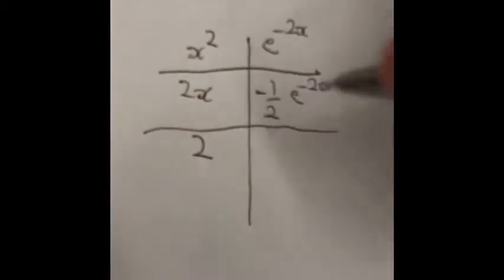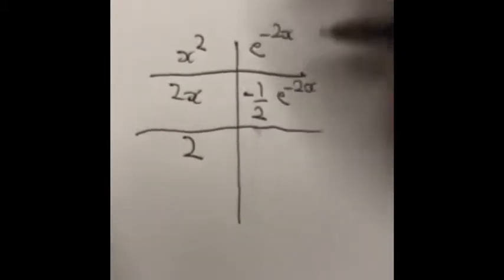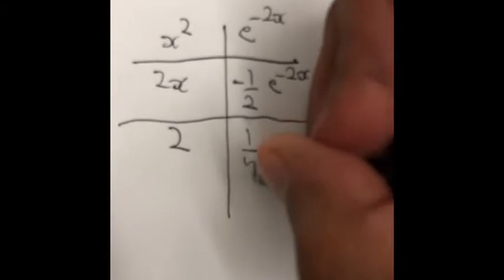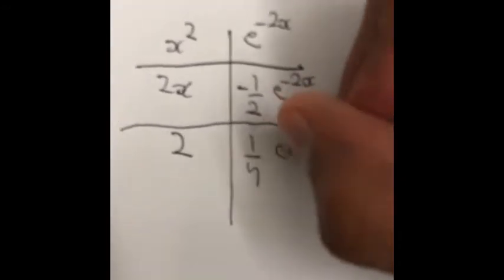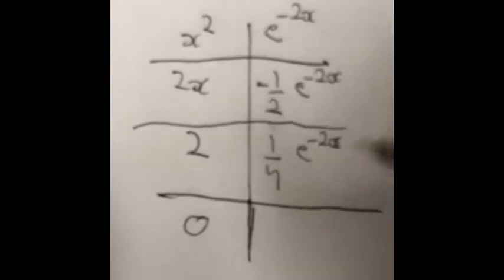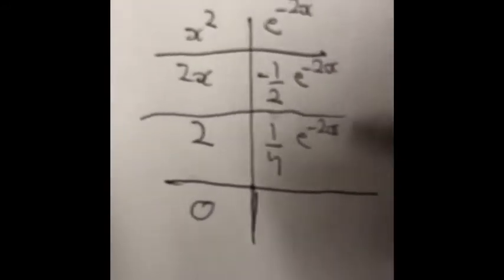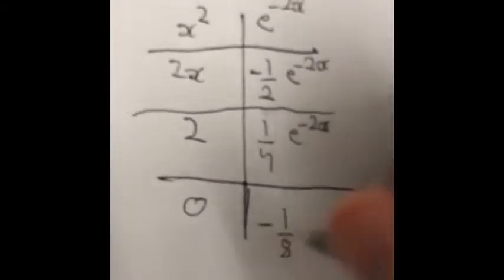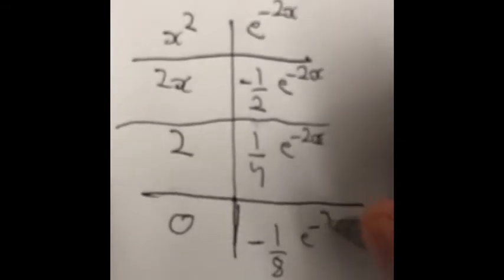Then again, the derivative of this one will be 2, and the integration of this one will be 1 over 4 e to the power negative 2x. The derivative of this one will be 0, and we stop here, and the integration of this one will be negative 1 over 8 e to the power negative 2x.